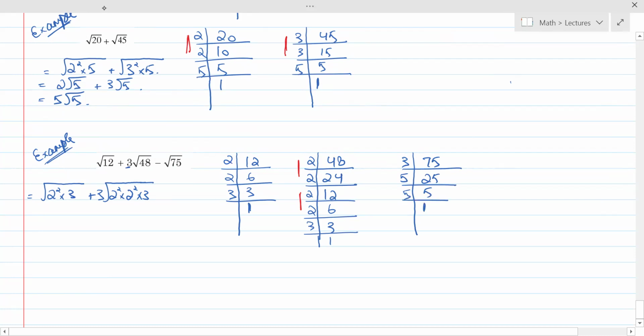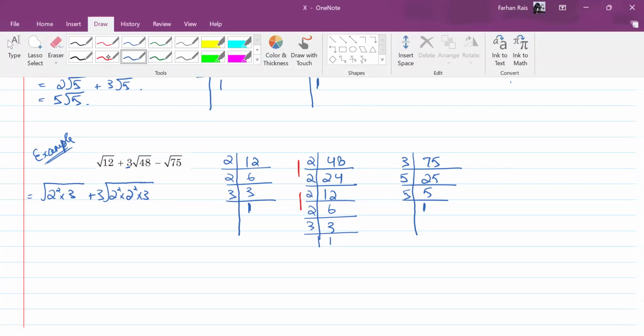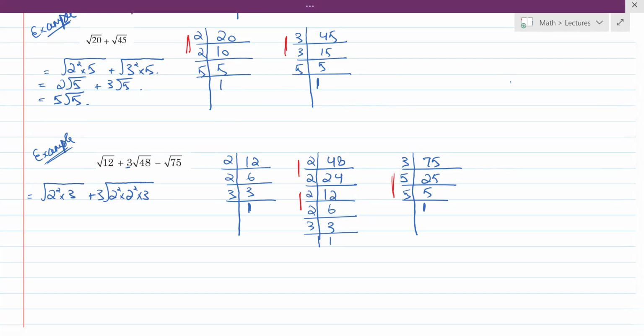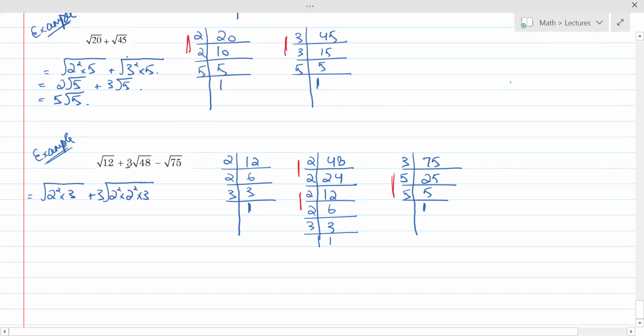So we see a pair of 5. So here we'll write minus root 75 as 3 into 5 square. So all these square factors will go outside the root.